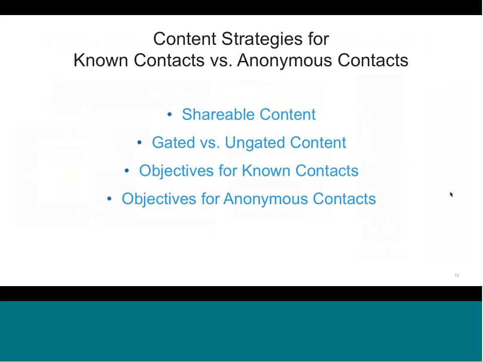And keep in mind that these content pieces are traditionally ungated. And so depending on your strategy, you might be okay with this, right? Because you already have these contacts' email addresses. They're known contacts in your marketing automation database. Your goal here might just be to try and increase the lead score of these contacts in your marketing automation database, right? So that they reach a score that classifies them as, say, marketing qualified or sales qualified.